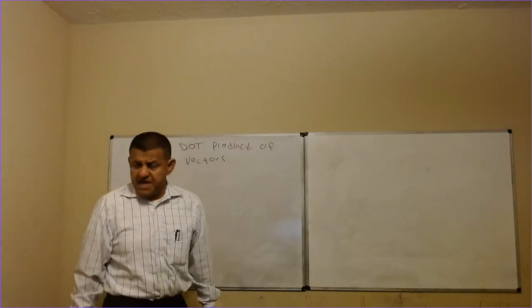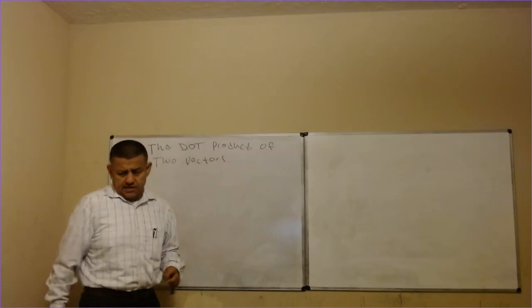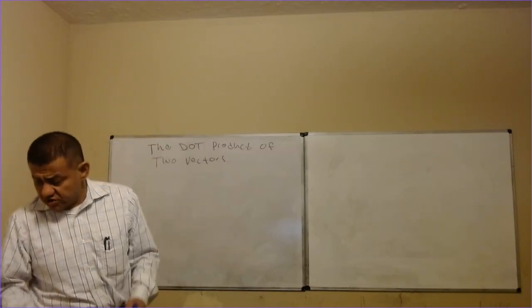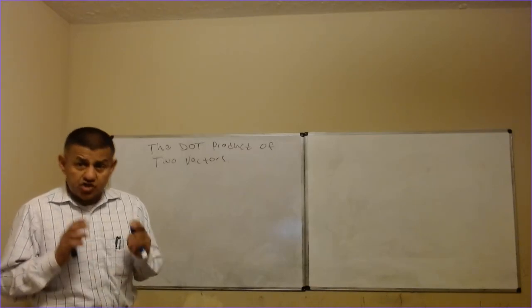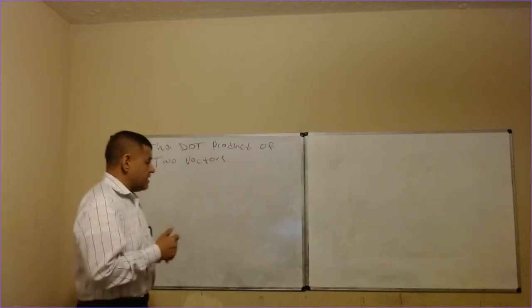And so basically the dot product is the multiplication of two vectors where the result would be a scalar, right?